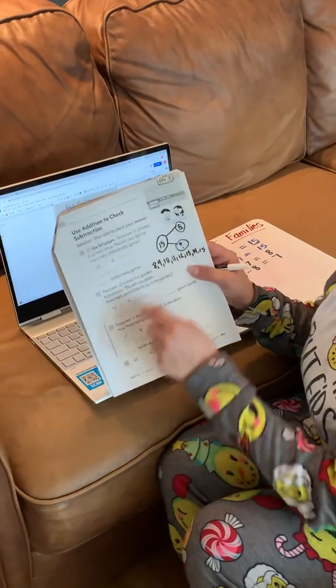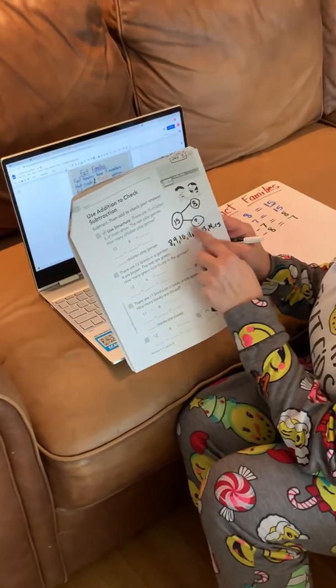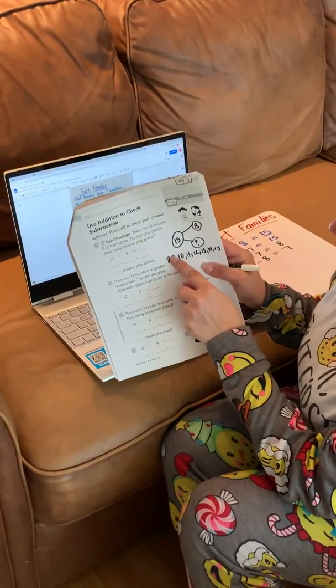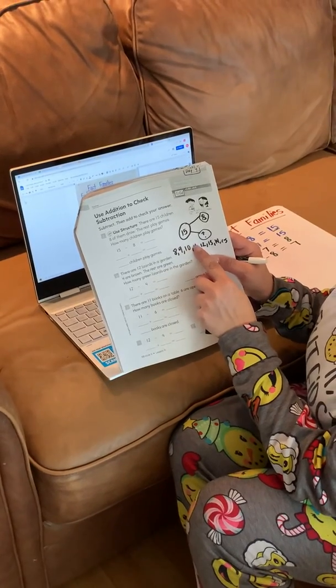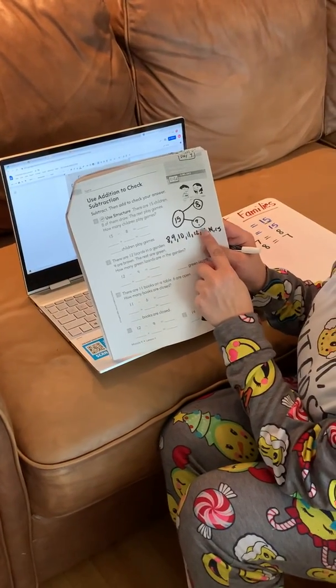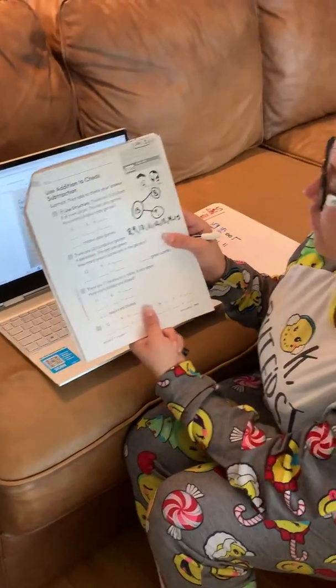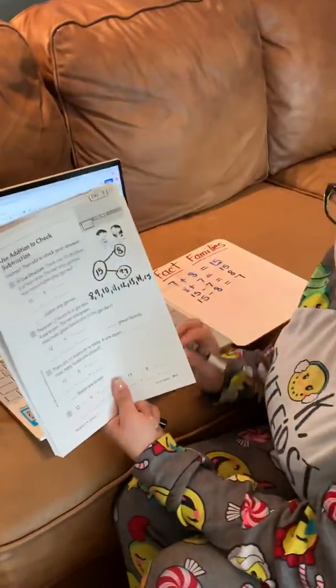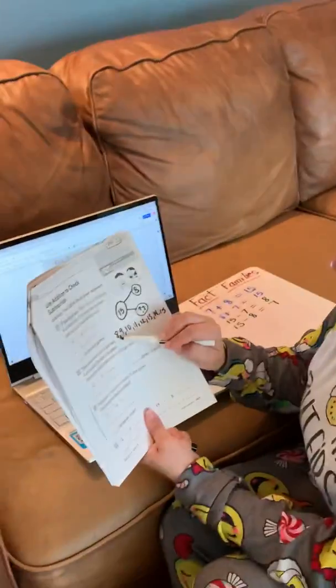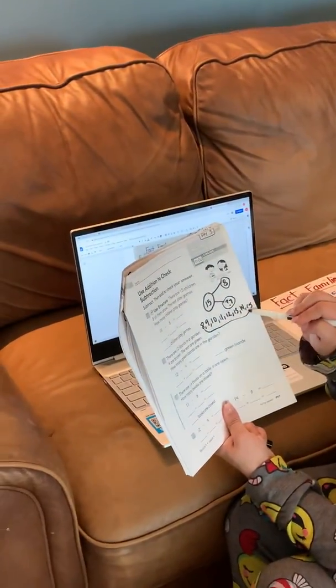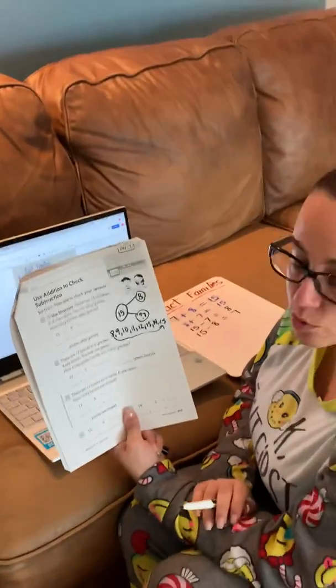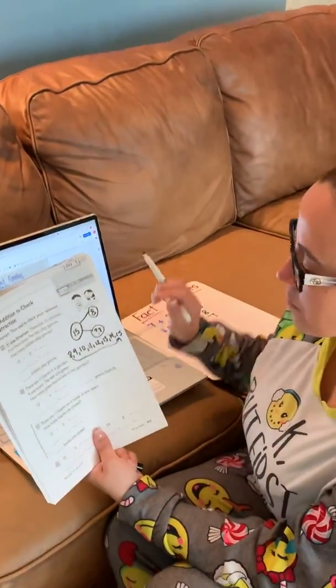So how many numbers did I have to count on to get to 15? So let's see. 1, 2, 3, 4, 5, 6, 7. So if I add 7 plus 8, my answer should be 15. And if I count on from 8 to 15, I know that 8 plus 7 equals 15. So that would be my related fact.